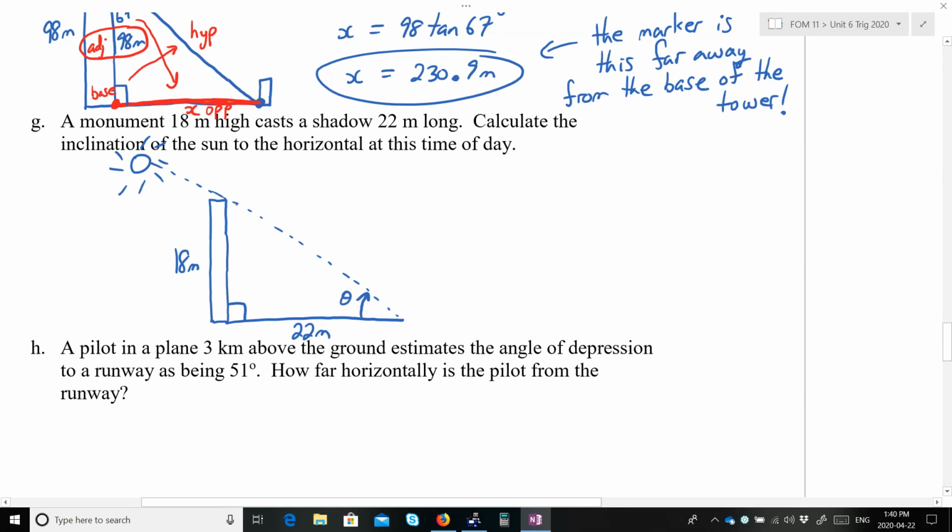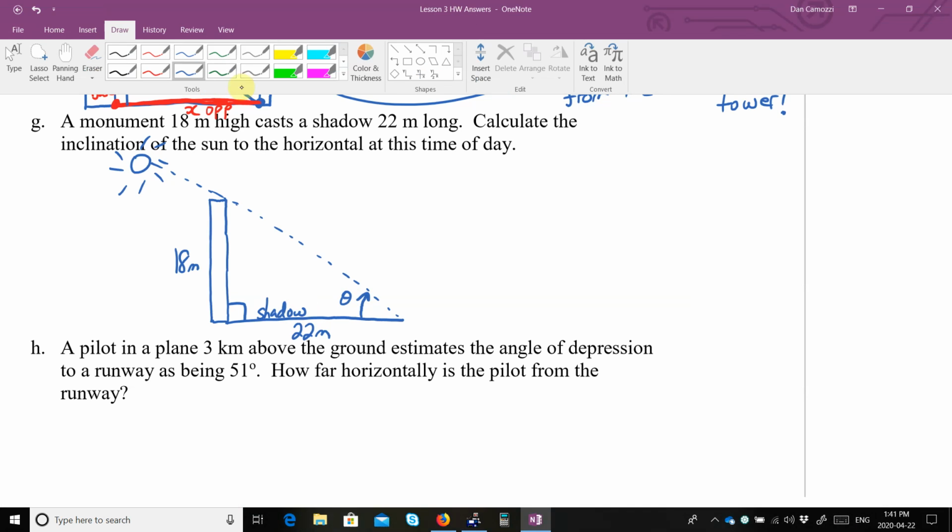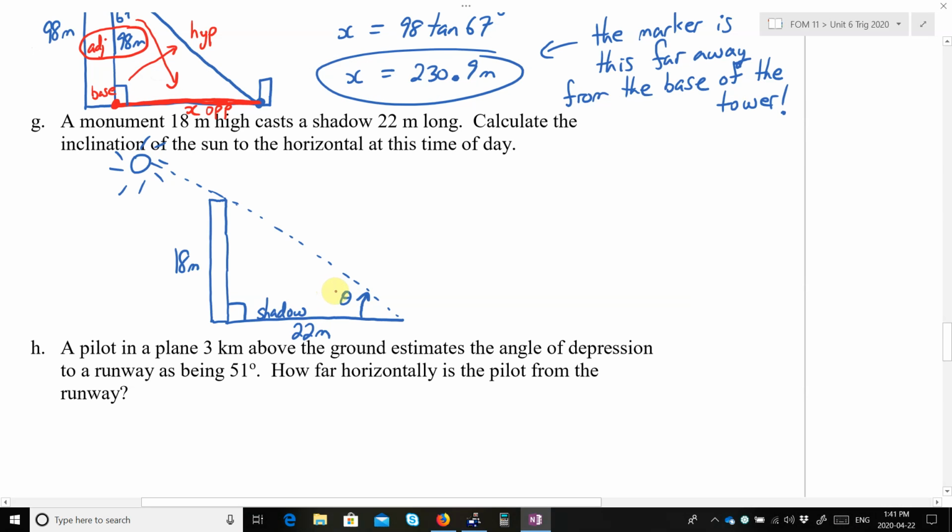Okay, and so let's call it theta. So we want to find angle theta. Let's label the triangle based on that angle. So across from that, that is the opposite. Across from the 90 degrees is the hypotenuse, so this one is adjacent.